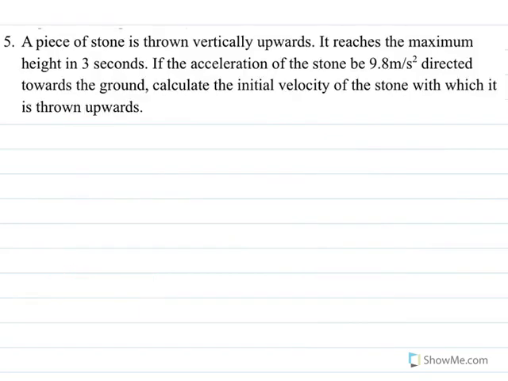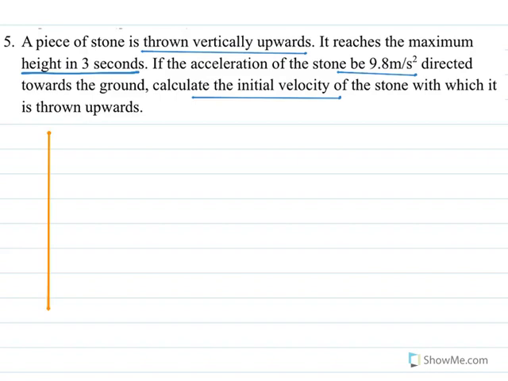A piece of stone is thrown vertically upwards. It reaches the maximum height in 3 seconds. If the acceleration of the stone is 9.8 meter per second square directed towards the ground, calculate the initial velocity of the stone with which it is thrown. So here is an object that is thrown upwards.